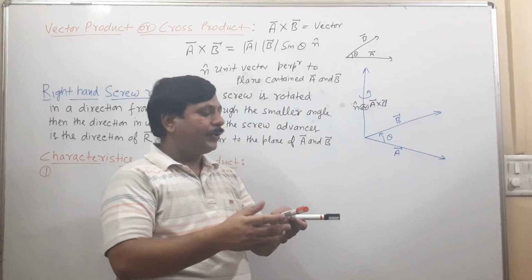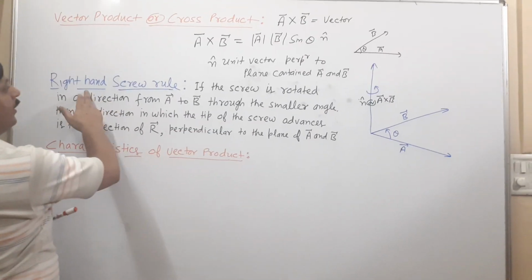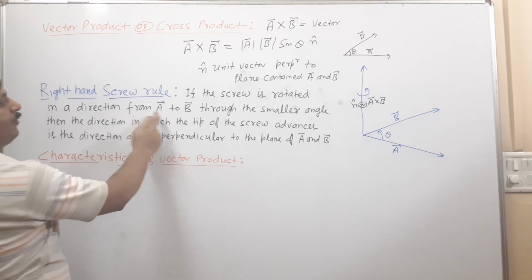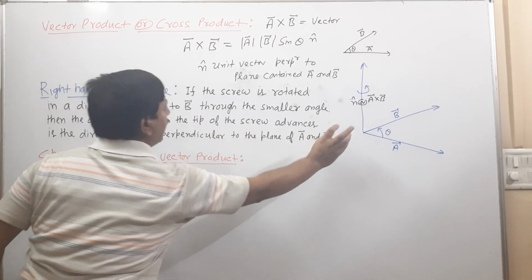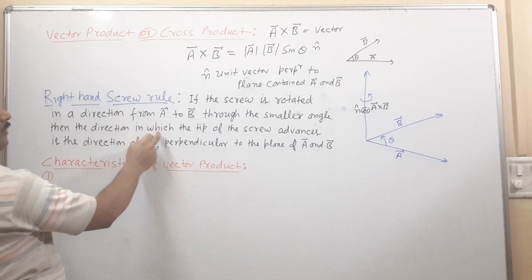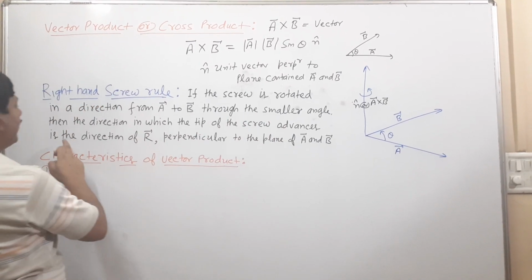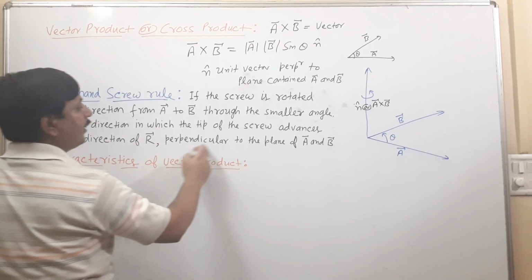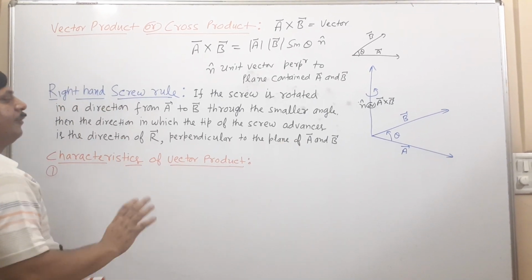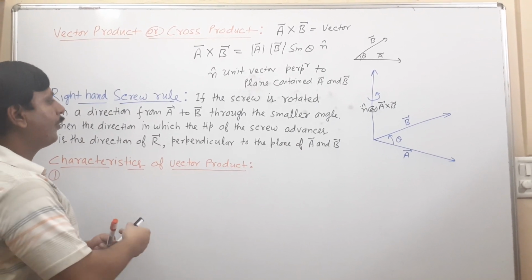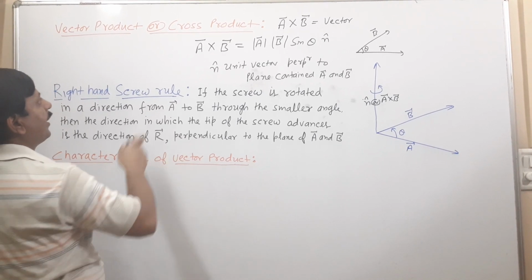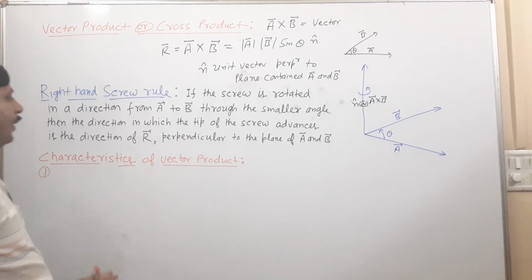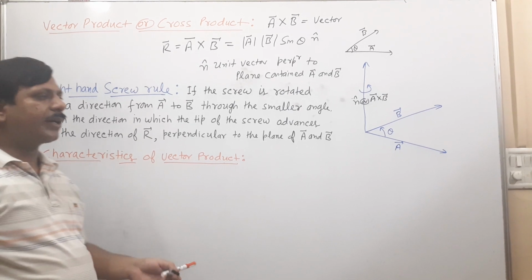Look carefully at one thing here, the right hand screw rule. If the screw is rotated in a direction from A to B through the smaller angle, then the direction in which the tip of the screw advances is the direction of R, or the direction of A cross B, which is perpendicular to A and B. Here R I have taken as A cross B. See the characteristics.